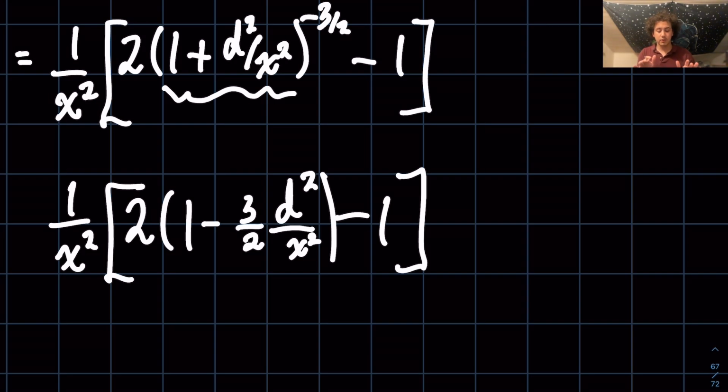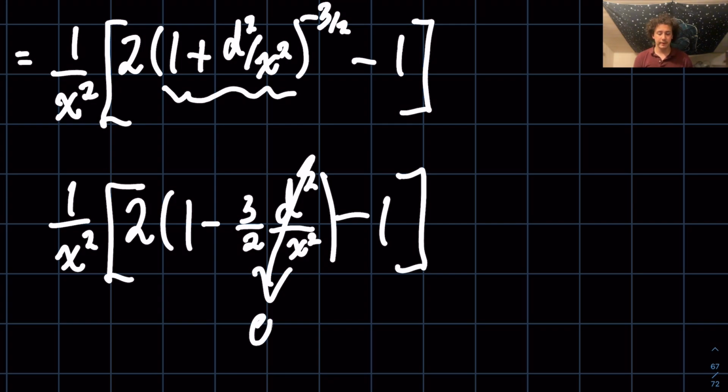Now we have this 3 halves d squared over x squared, and what we just showed in our previous problem is that something squared is actually really, really tiny. It barely affects it, and so we're going to get rid of this term. We're just going to say it's about 0, and for all intents and purposes, it is functionally 0.